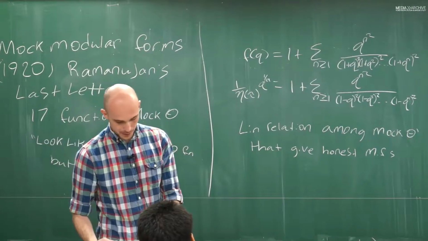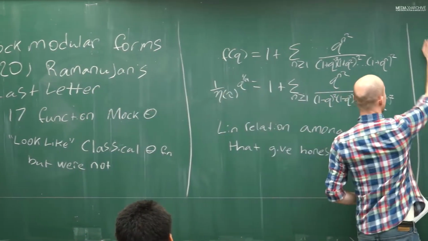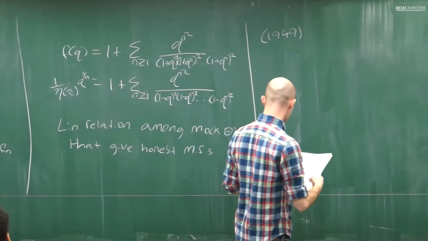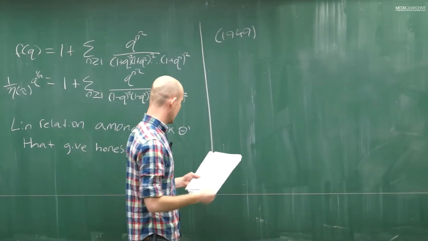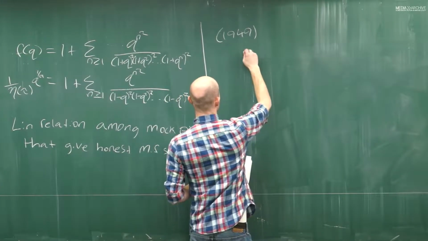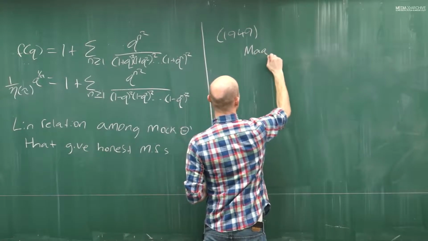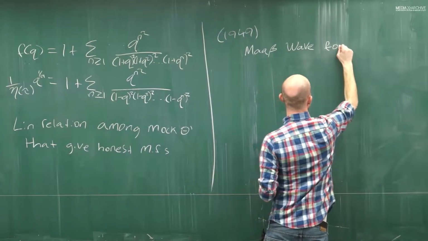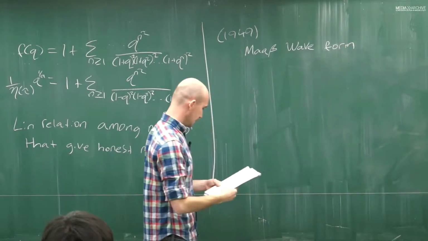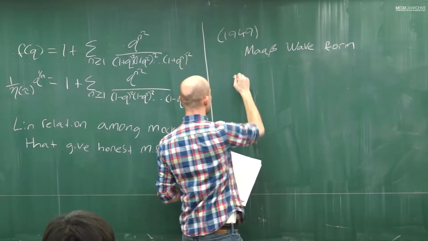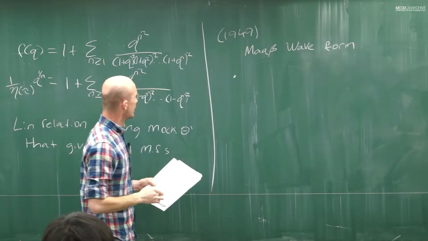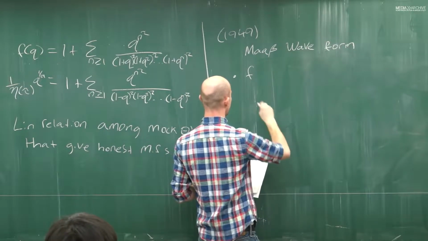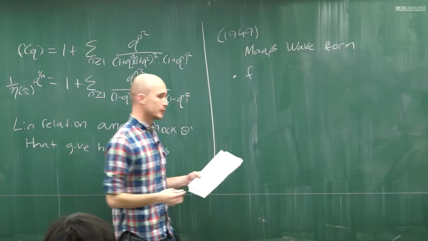Let's skip ahead a few years to 1949. Okay, so Maass defined what he called a Maass waveform. Okay, and so a Maass waveform is a function that's modular for some group.